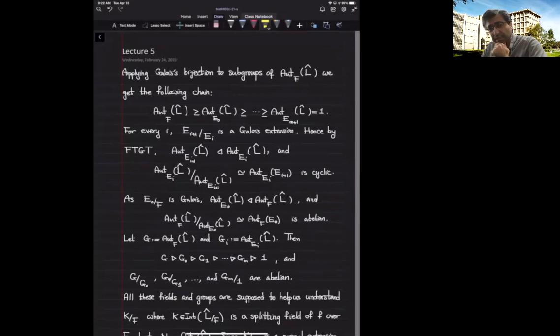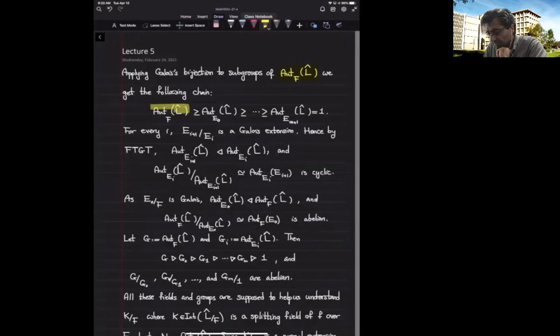When we use the Galois bijection, the fundamental theorem of Galois theory, between subgroups and intermediate subfields, having these intermediate subfields E sub i, we get a chain of subgroups for the group of F-automorphisms of L hat. So what are these subgroups?